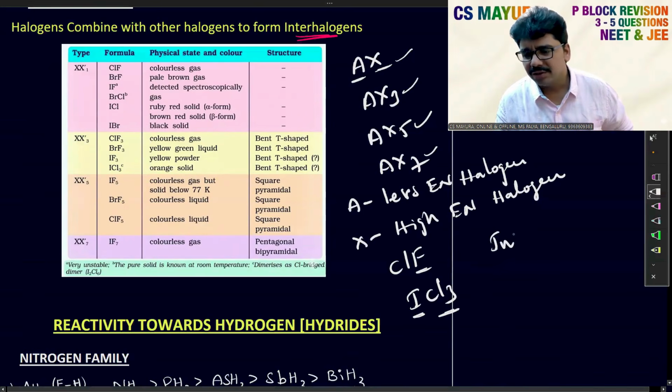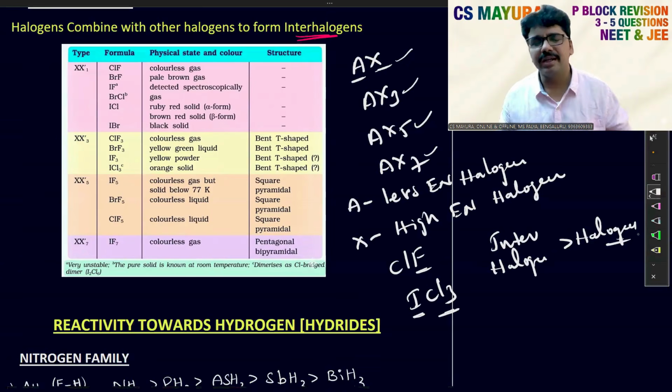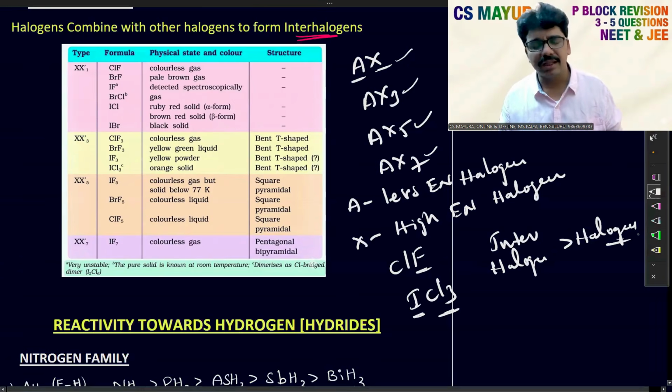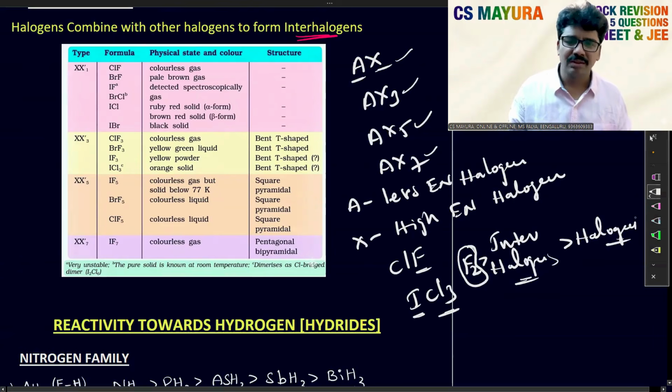Their reactivity is more than halogens, because the bonds between chlorine and chlorine, bromine and bromine, iodine and iodine are stronger than the interhalogen bonds between chlorine and fluorine, bromine and fluorine, and so on. The exception is fluorine. Fluorine bond dissociation enthalpy is less, so fluorine reactivity is more. So fluorine is more reactive than interhalogens, and interhalogens are more reactive than normal halogens.